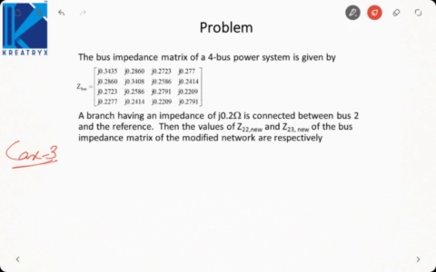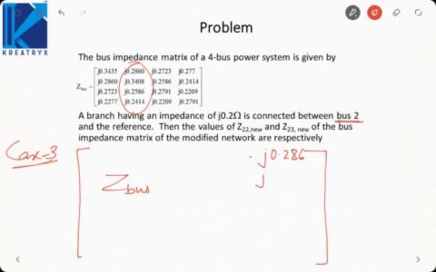So if we add a new bus, then we will be adding a fifth bus. So the order of the matrix will become 5 cross 5. So it will be equal to the original Z bus. Then we will add a new column which will be the second column. Why second column? Because we are adding the new impedance between bus 2 and reference.